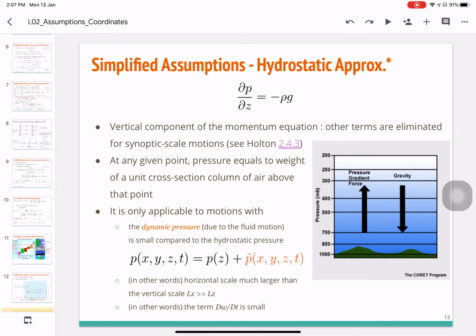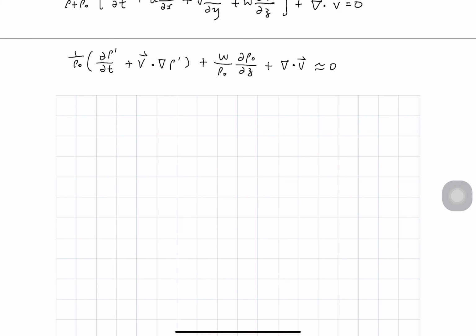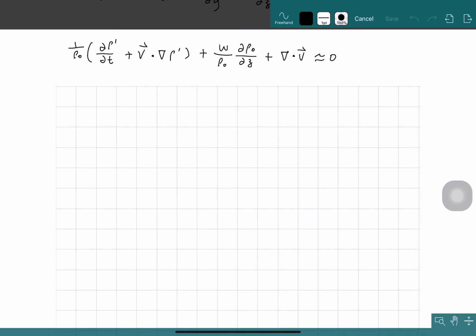Okay, so next is I think everybody here knows about this hydrostatic approximation, but there is a little bit more into it actually. So what does it look like?